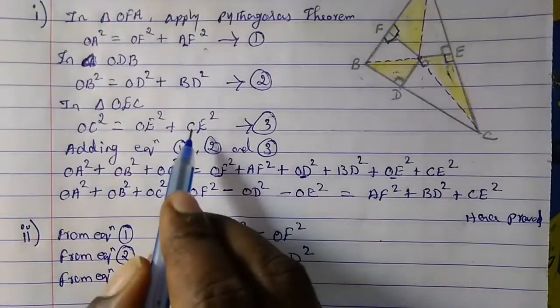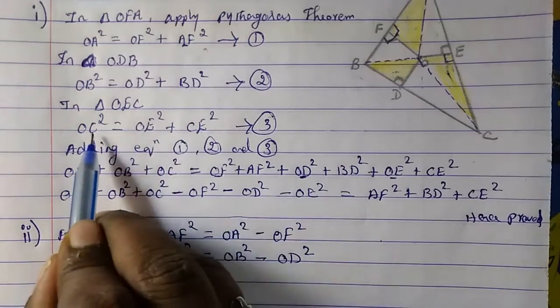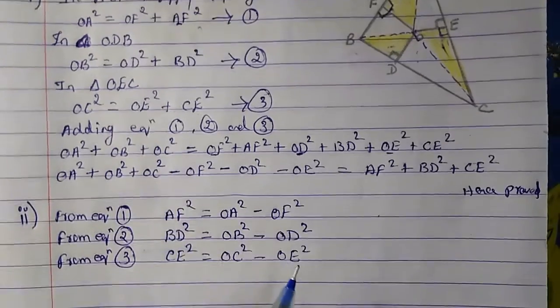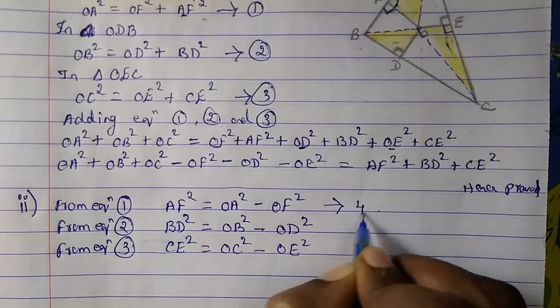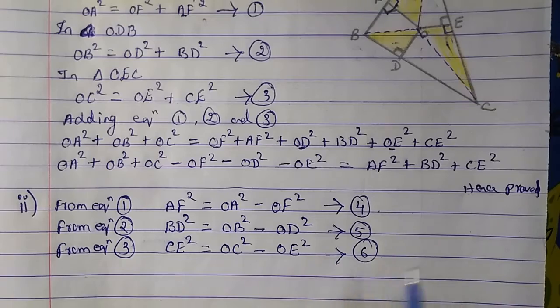So we keep CE square equal to, bringing this to this side, OC square minus OE square. So we keep these as equations 4, 5 and 6.